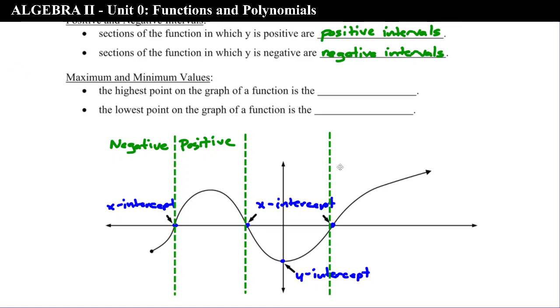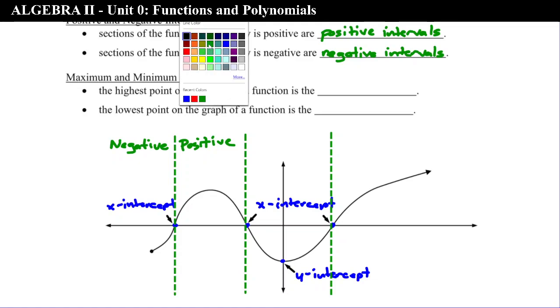Now, it's important to note that just because we get to an intercept along the x-axis, an x-intercept, that doesn't necessarily mean that we are going to go from negative to positive or positive to negative. There could be a case where we start off negative, touch the axis, and then go back down to being negative again.